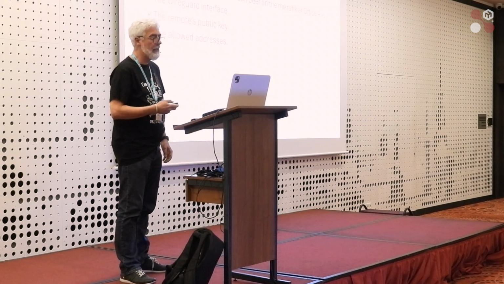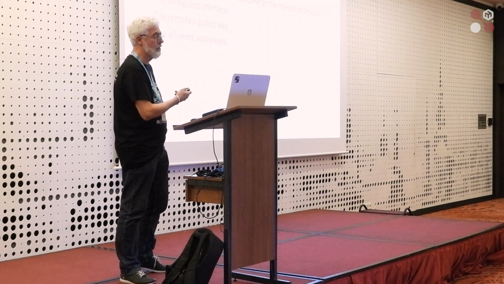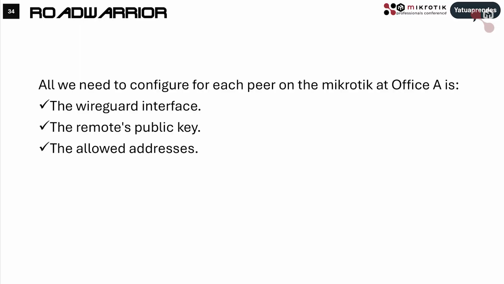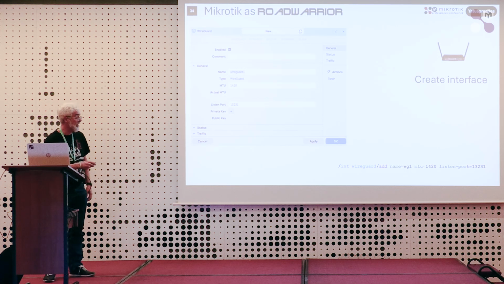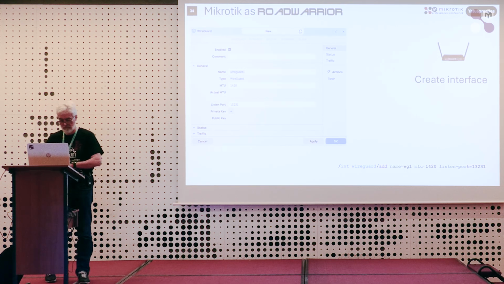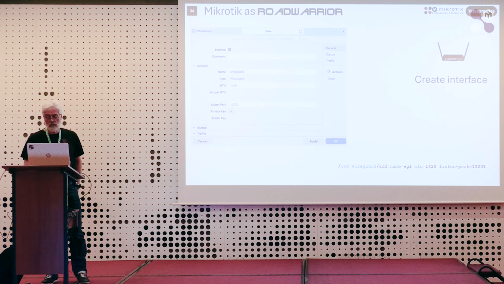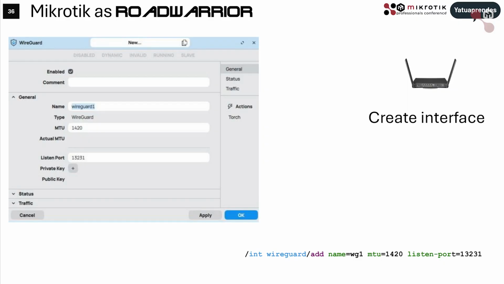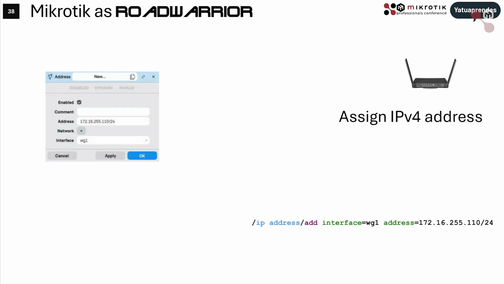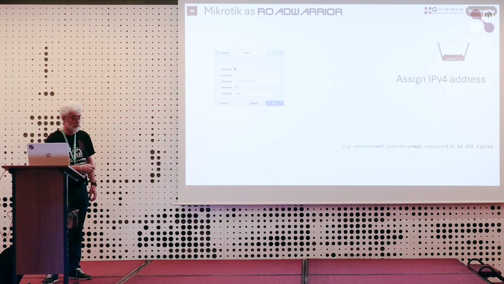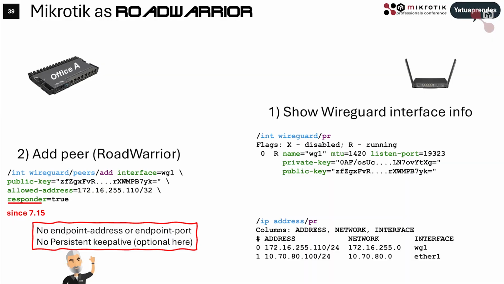Then in Office A, we have to configure the WireGuard interface, the remote public key, and the allowed address only of each roadwarrior. Okay. Then, in the case of MikroTik, we do the same process as on the site-to-site. We create the interface and get the public key, assign an IP address, and add the roadwarrior peer to the office.